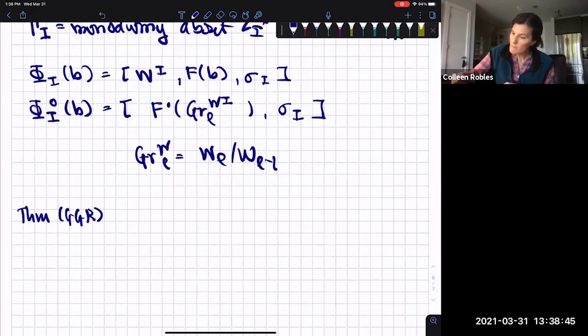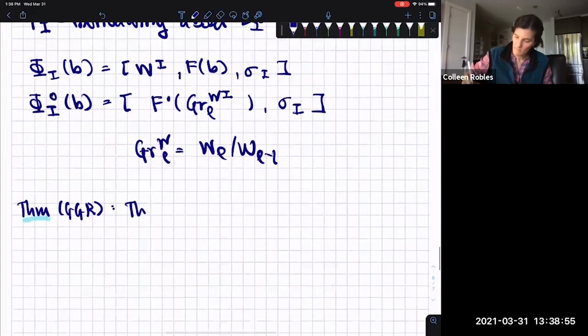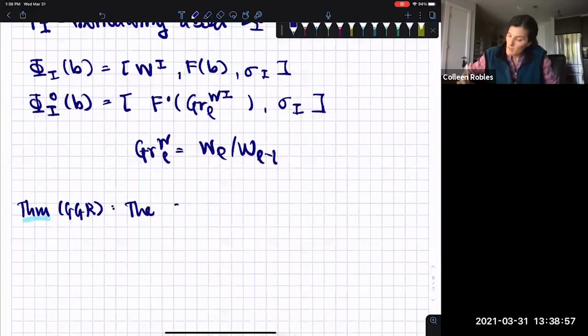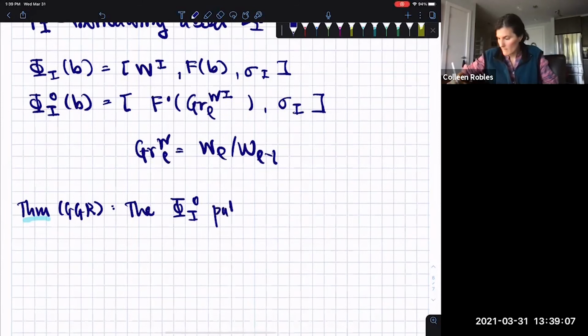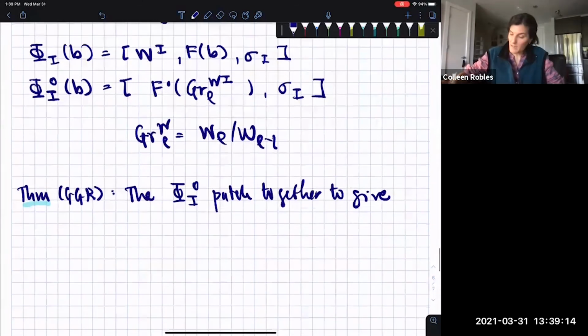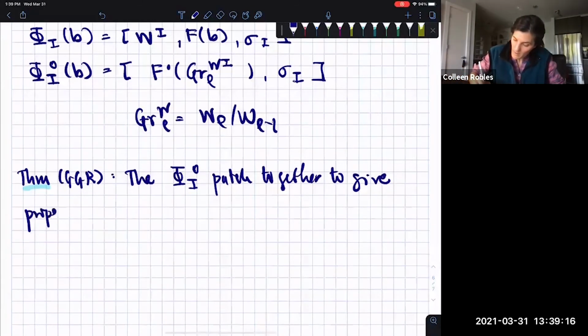So these maps patch together. So the phi I patch together to give a proper continuous map.